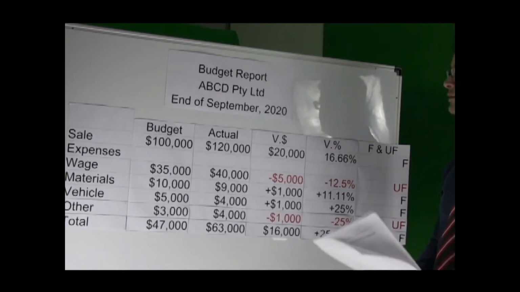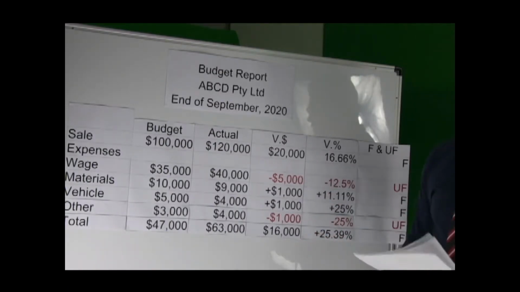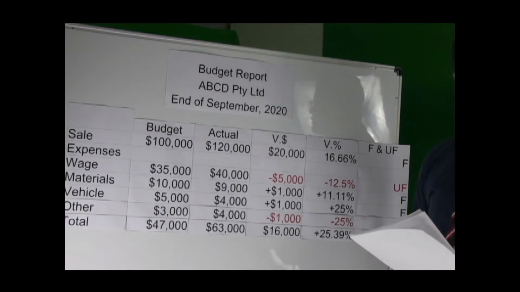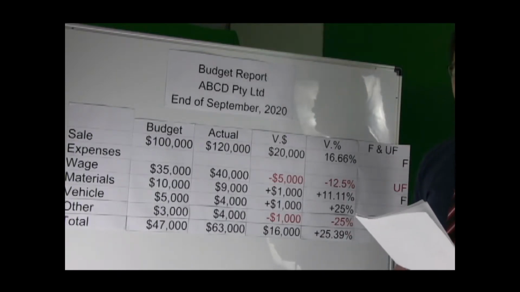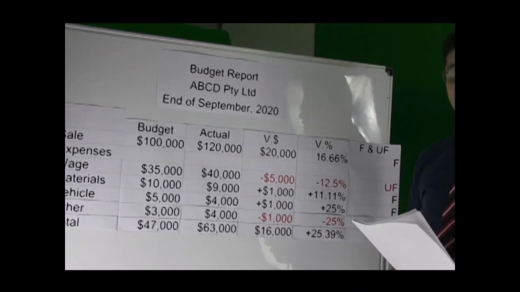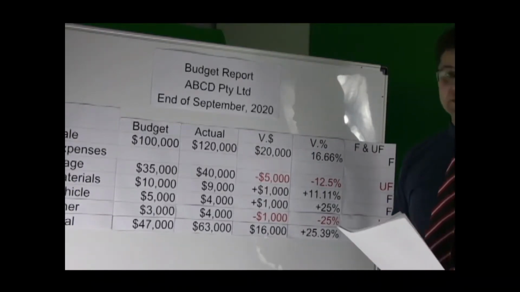That's the easy one. Sometimes you will see an Excel format budget, very complicated and very scary.